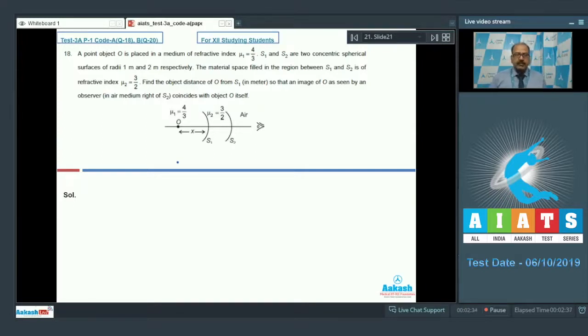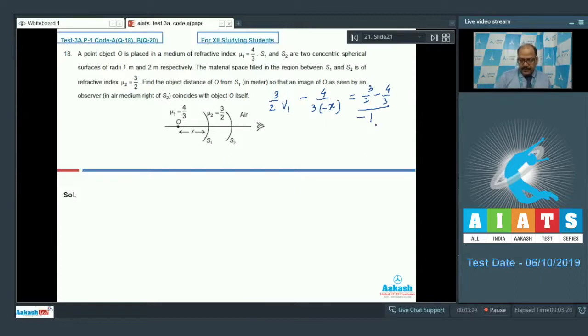For the first refraction, our equation will be 3 by 2, which is mu2, by V1 minus 4 by 3 into minus x is equal to (3 by 2 minus 4 by 3), that is mu2 minus mu1, by minus 1. This surface has radius 1 meter and this surface S2 has radius 2 meter. So this is the equation.